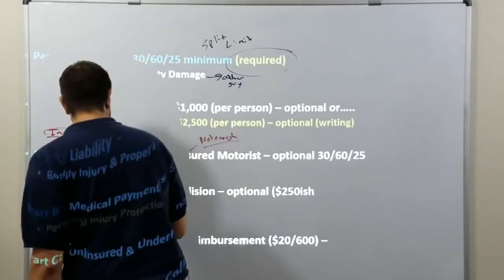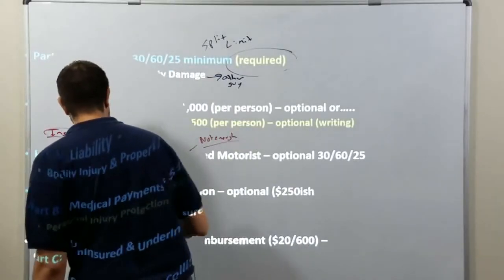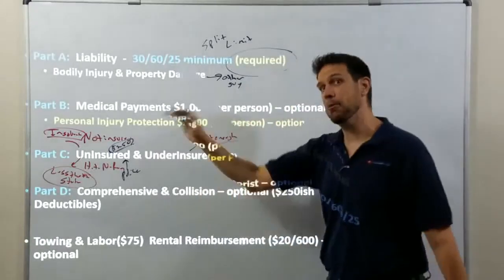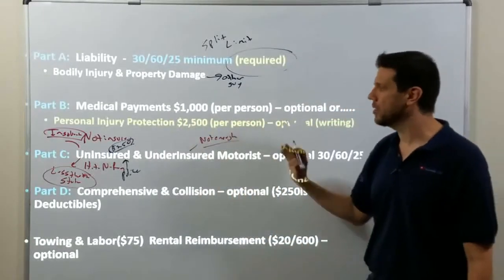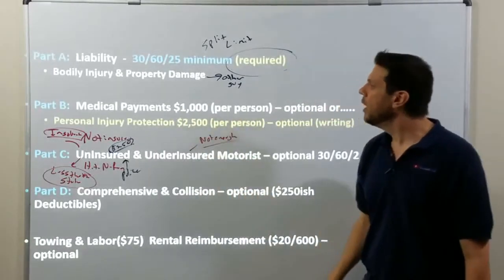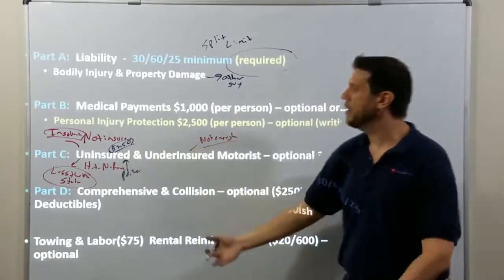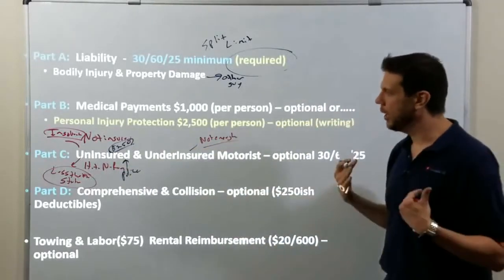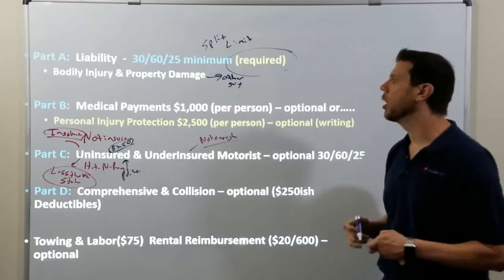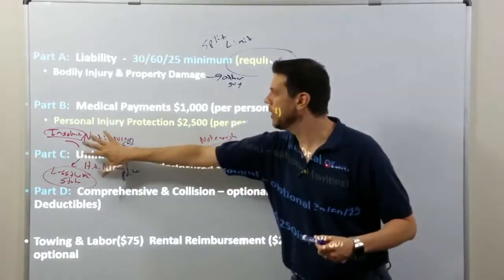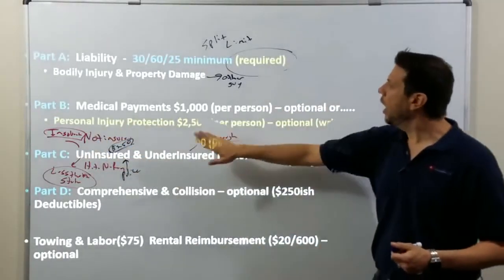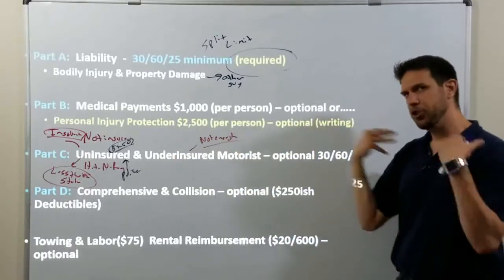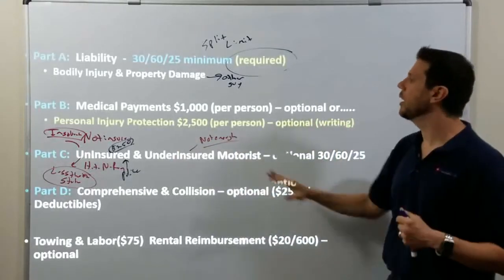You have to prove that the person either doesn't have insurance or that they ran, and you have to get a police report to submit it to the insurance company. Uninsured pays you your injuries and fixes your car if somebody hits you and doesn't have insurance. Underinsured pays you and fixes your car if they don't have enough.